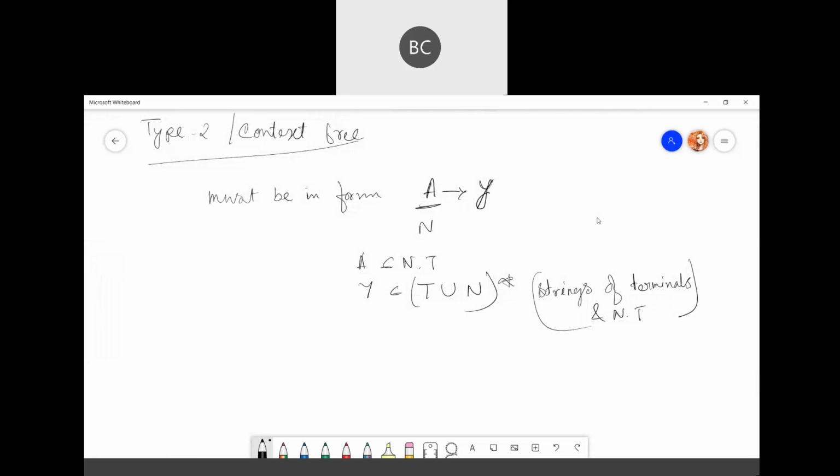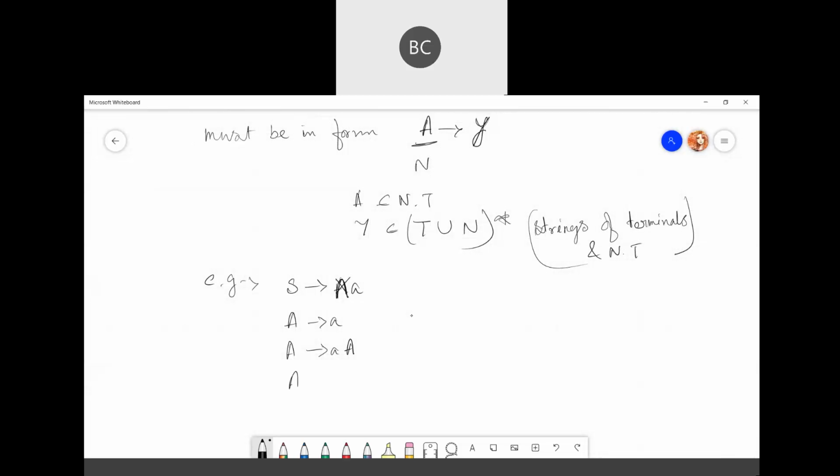So what can be the possible example? Example can be S equal to XA. Let's take A, it will be easy. Then I can say A to small a. Then I can say production rule A to AA.